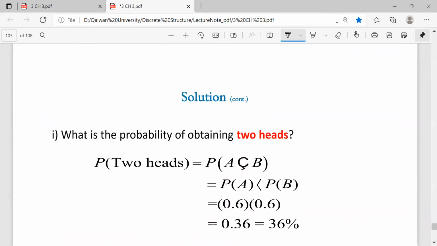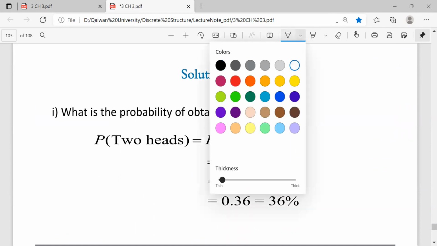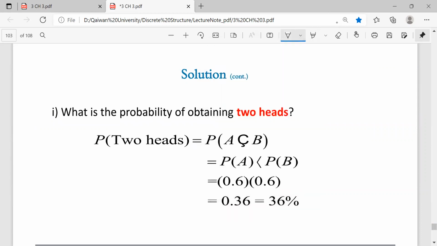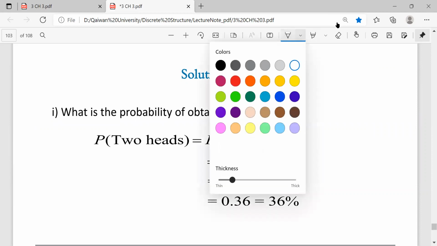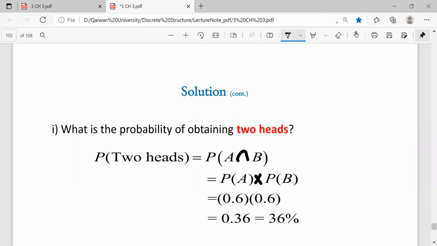And it's also solved here. What's the probability of obtaining 2 heads? It is this intersection, and this is multiplying. We say the probability of 2 heads is the probability of A intersection B. Why A intersection B?